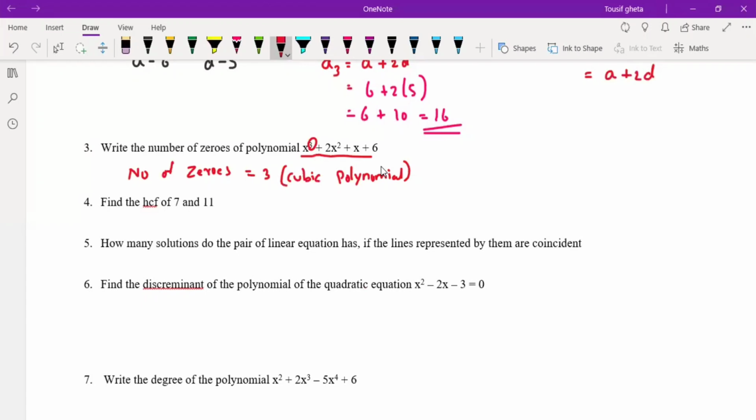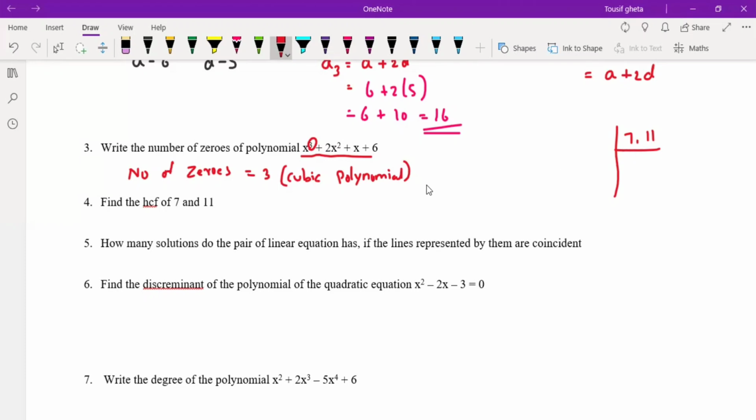The next one, find the HCF of 7 and 11. Very simple. We know how to calculate HCF, that is 7 comma 11. This is the primary way of doing the calculation, but we will not do any calculation. As you can see, 7 and 11 are both prime, and both are odd numbers too.